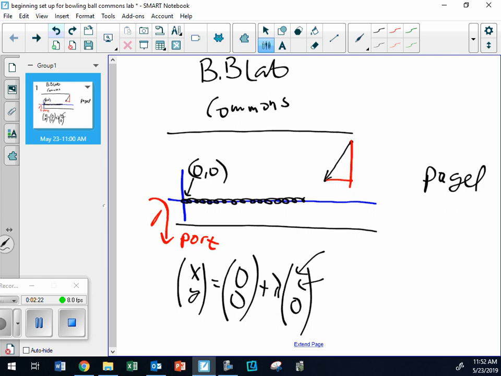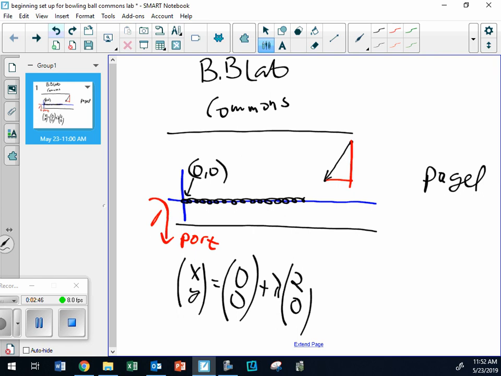Let's say I roll a bowling ball. And let's say that the bowling ball goes 2 meters per second. It would not be a 2. Why? If I put a 2 in, think about this for a second. Do you get that if you put a 2 here, the speed would be the square root of 2? Know what I mean?